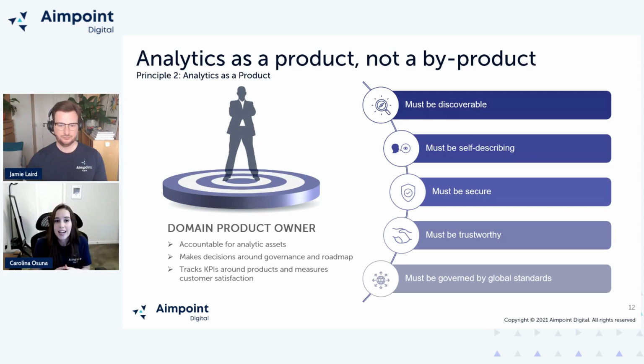Moreover, the analytic asset should be self-describing and easily understood by customers with clear documentation using common semantics. The analytic asset must also be secure to ensure that access is only being granted to the appropriate resources that should have it. And this security aspect should be considered for each individual analytic asset.